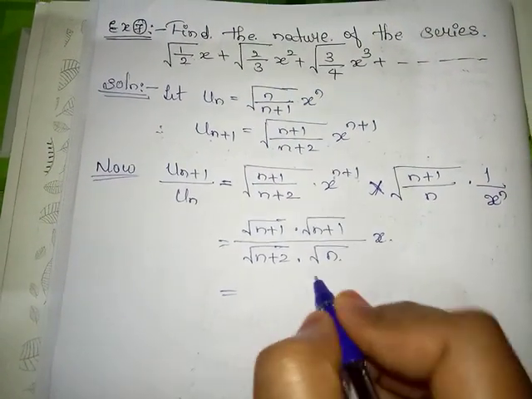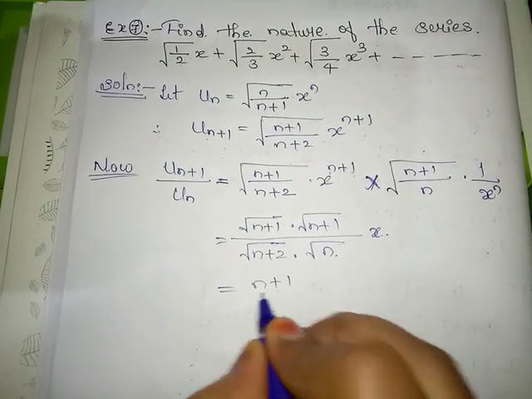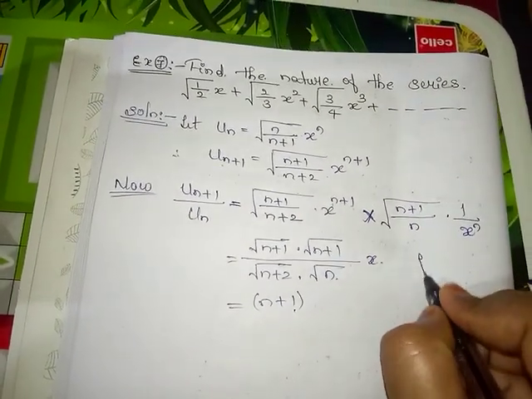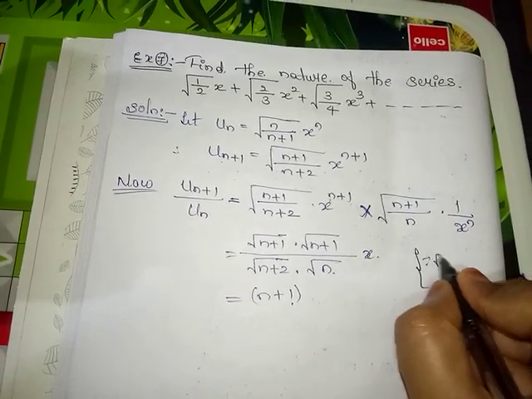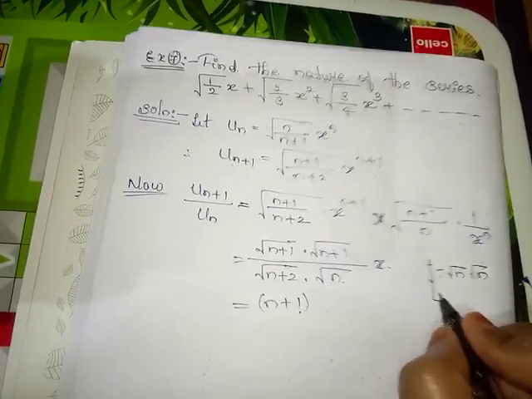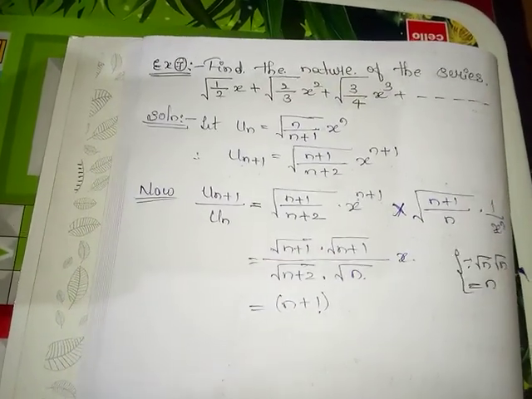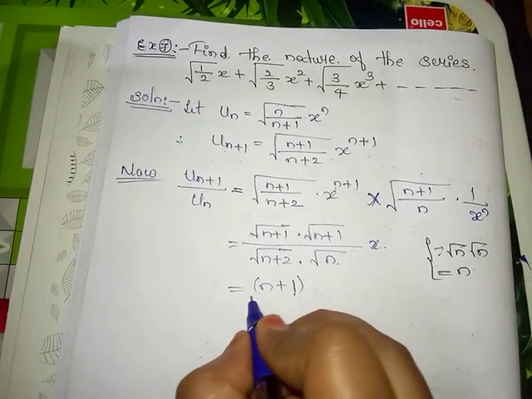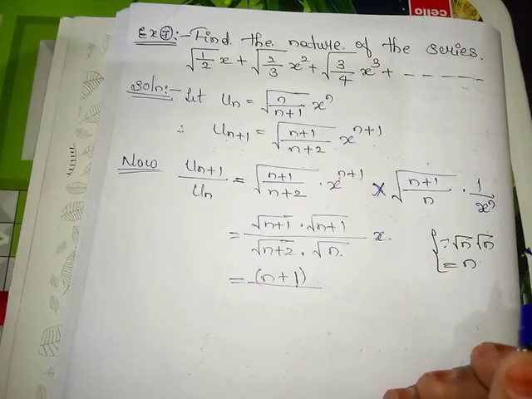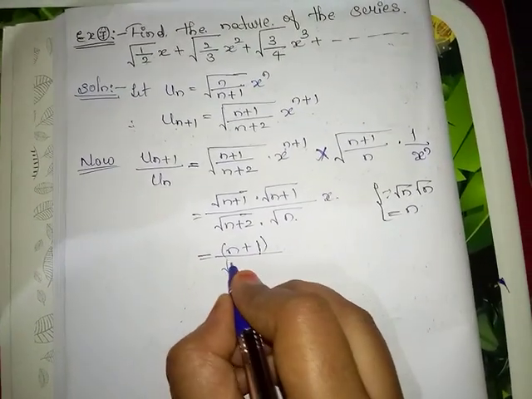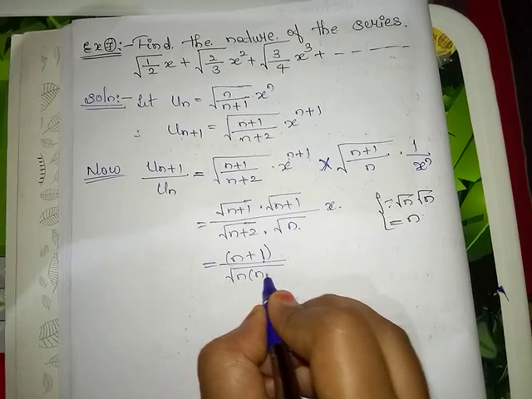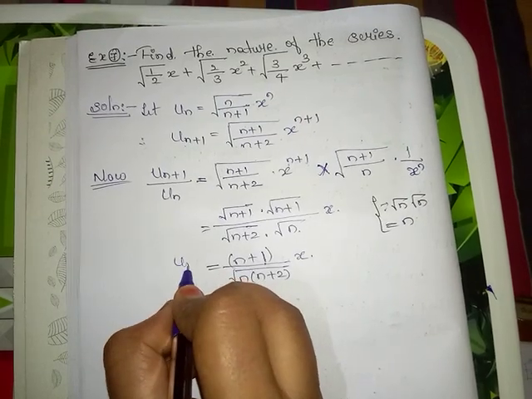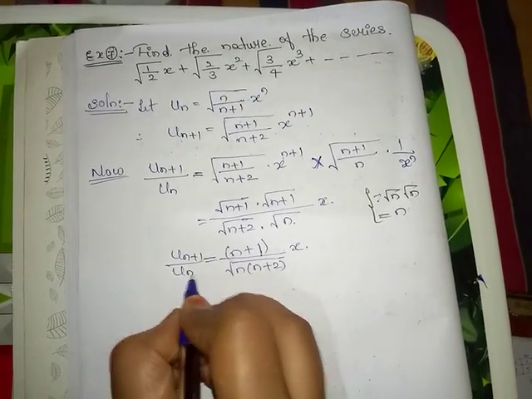Therefore, since root n into root n is equal to n, in place of n we have n plus 1, therefore it is n plus 1 divided by square root of n into n plus 2 into x, as it is, which is un plus 1 divided by un.